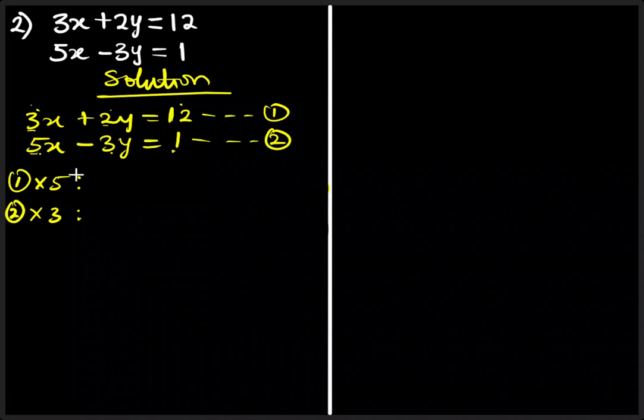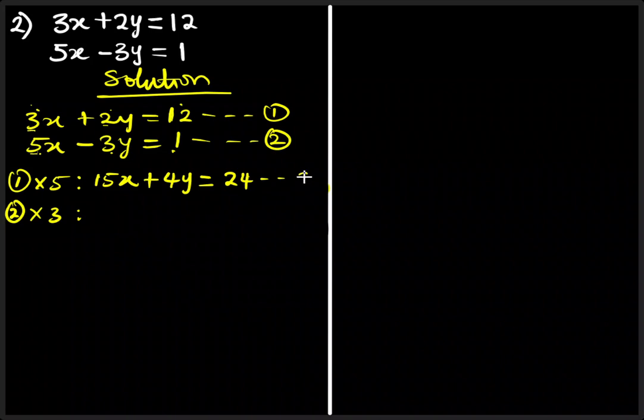So equation 1 times 5, that will give us 5 times 3x, that will be 15x, plus 2 times 2y, that will give us 4y, equal to 2 times 12. What's 2 times 12? 2 times 12 will give us 24, right?